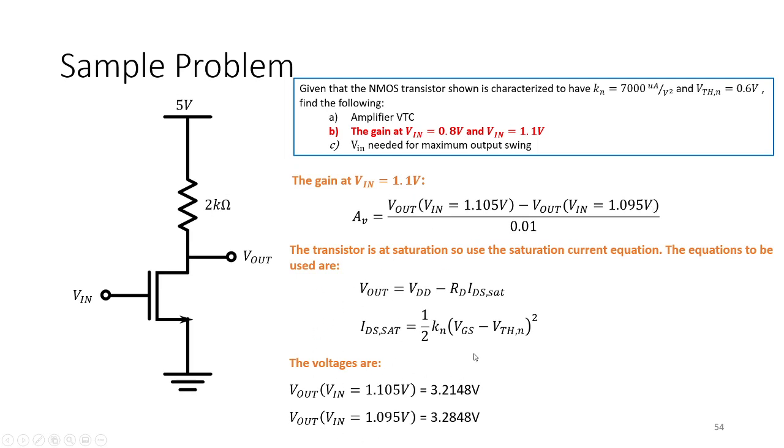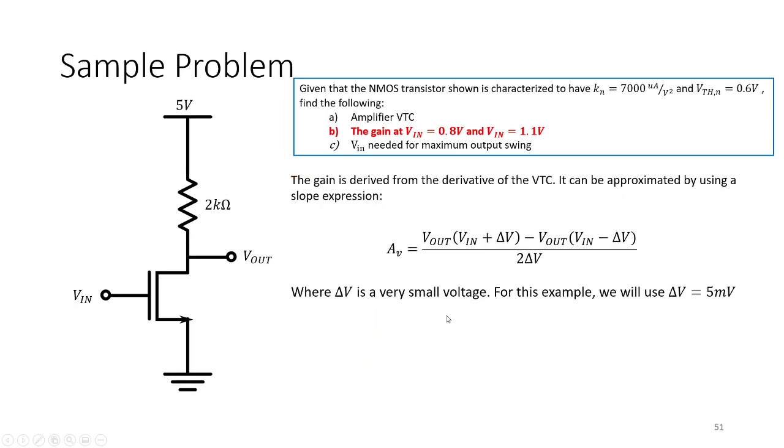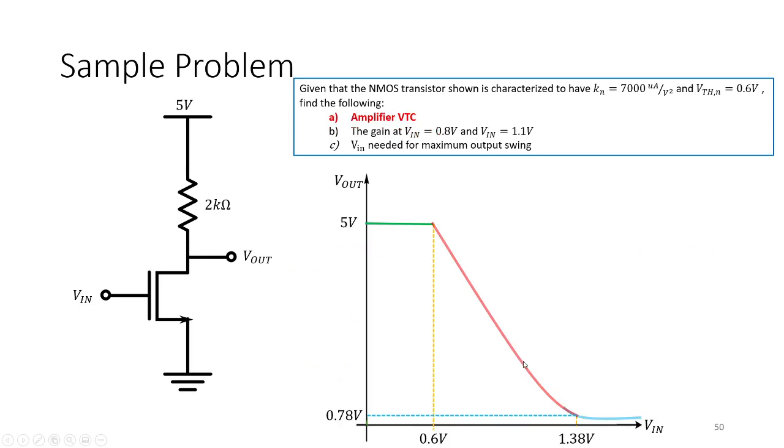So all you have to do is substitute Vin here, solve for current, substitute here, and then you can solve for output. So you get this one. And then you just redo everything. So you get the gain of 7. So just to give you an idea, if we put the voltage here, 1.1, and we introduce a small signal voltage there, we get approximately a gain of 7 here.